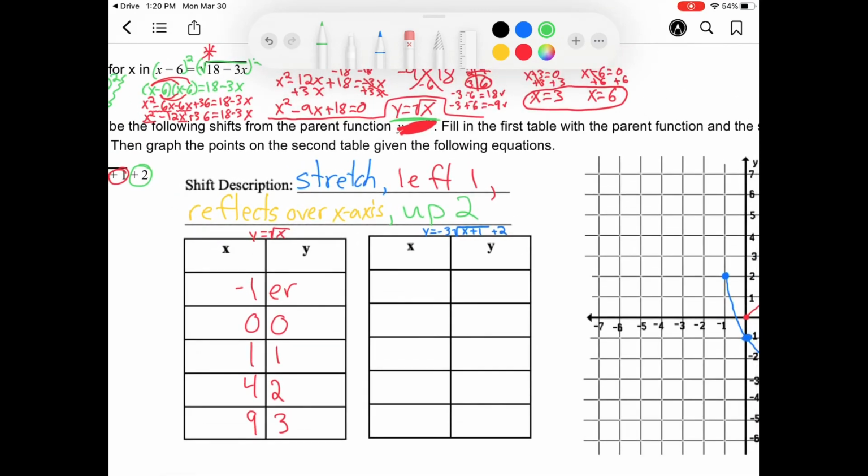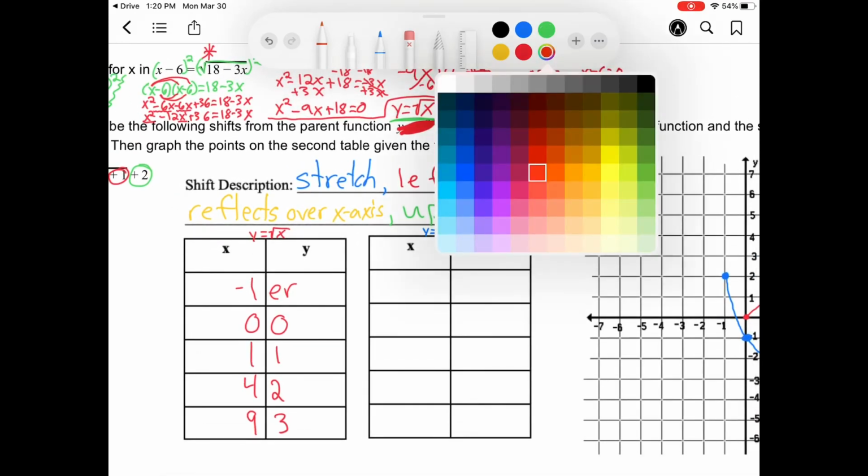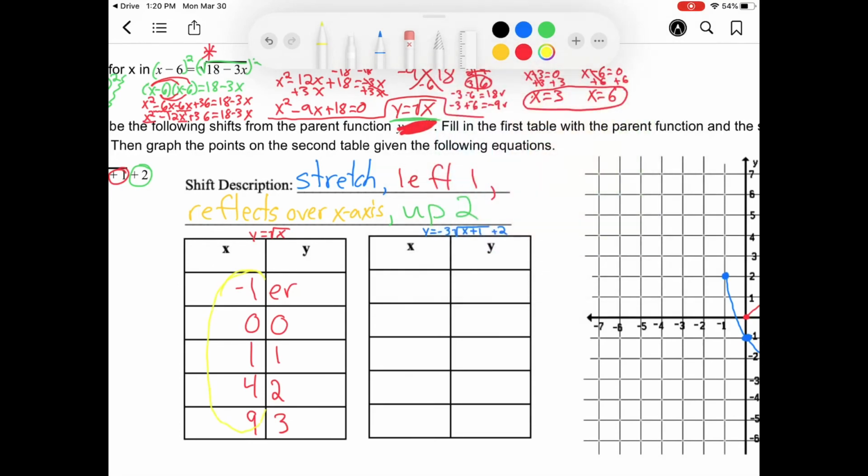So now you can see here that I went ahead and chose 5 x values to use in my parent function table.